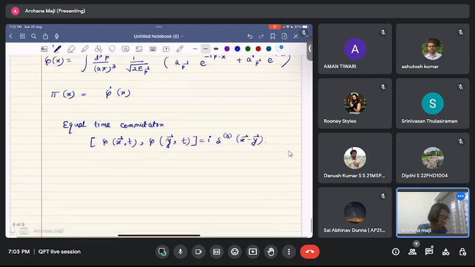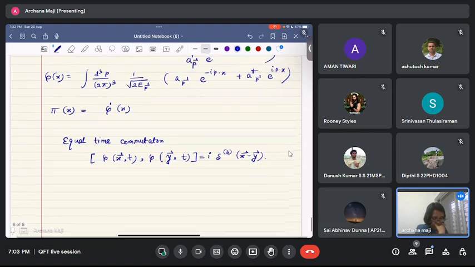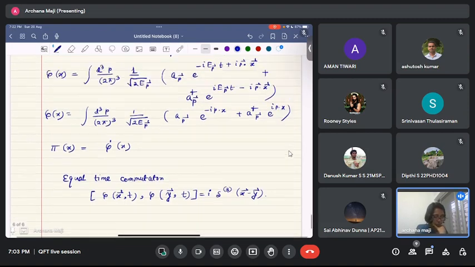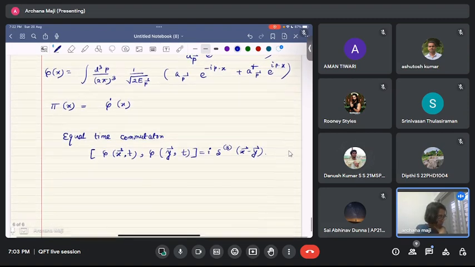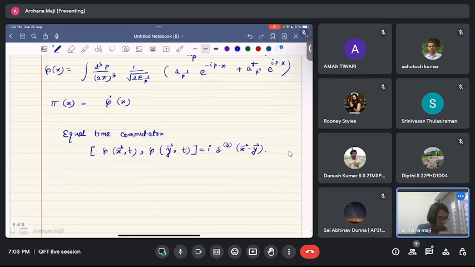Okay. So now we have the Heisenberg operator and the corresponding conjugate momenta.